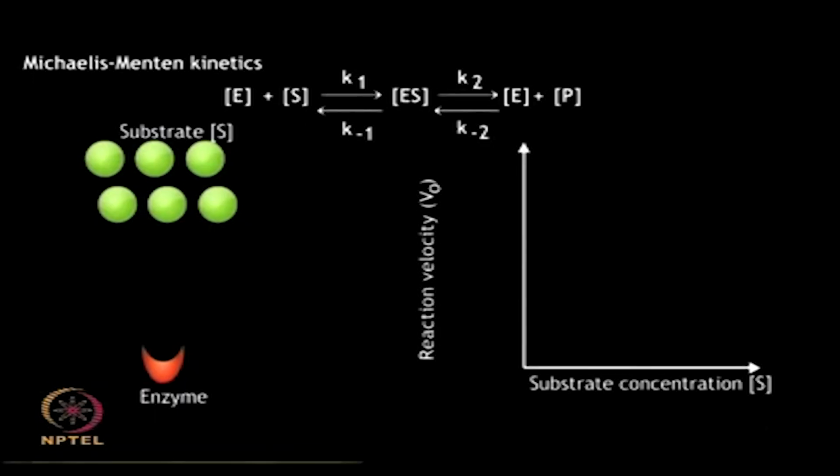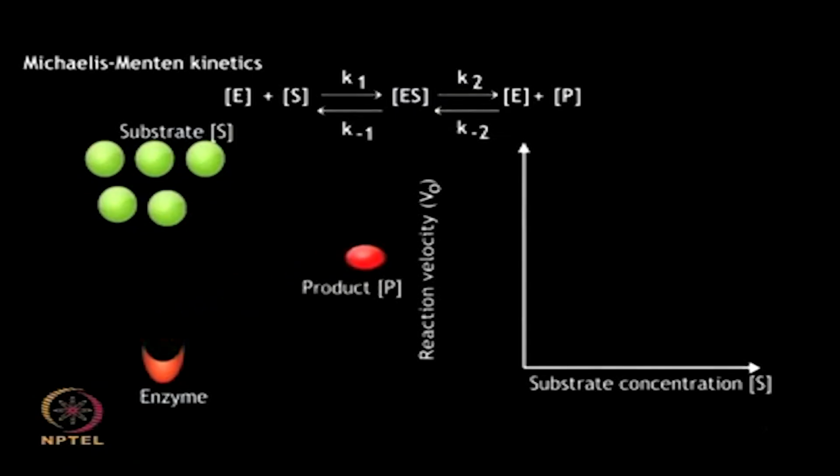The Michaelis-Menten model for enzyme kinetics assumes that the breakdown of ES complex to give back free substrate is negligible, and also assumes steady state conditions whereby the rates of formation and breakdown of enzyme substrate complex are equal.